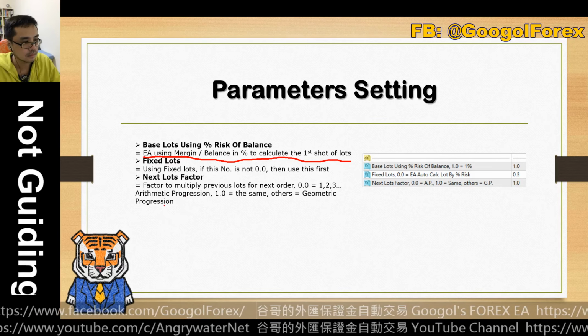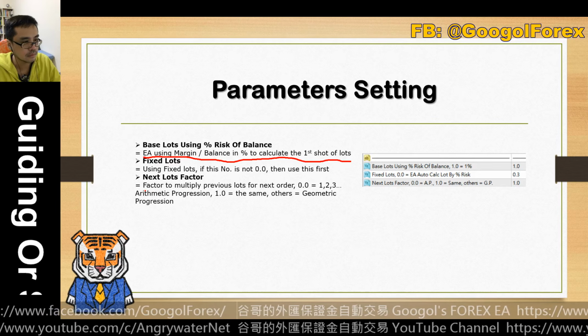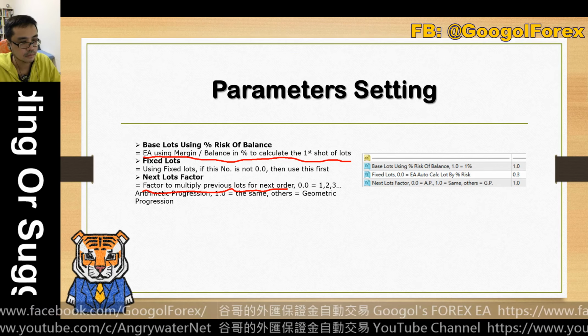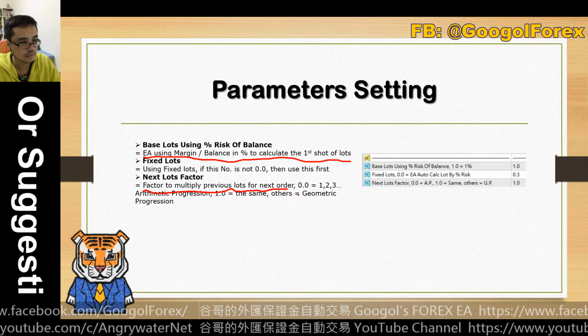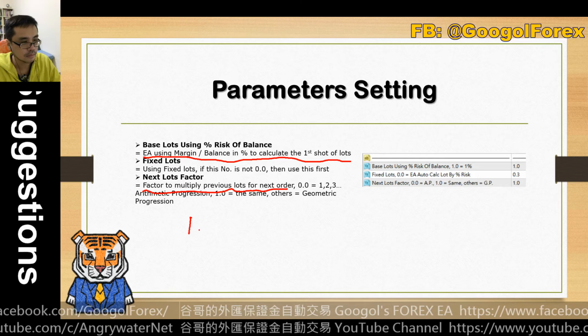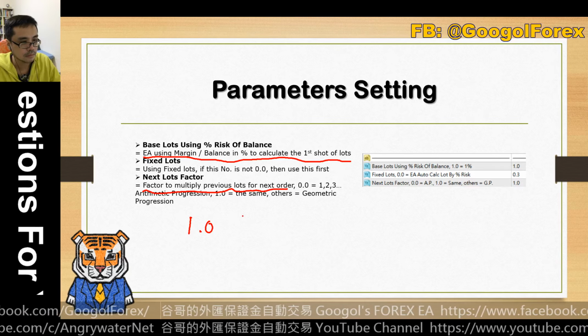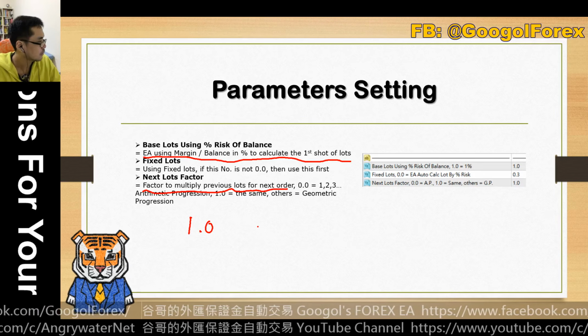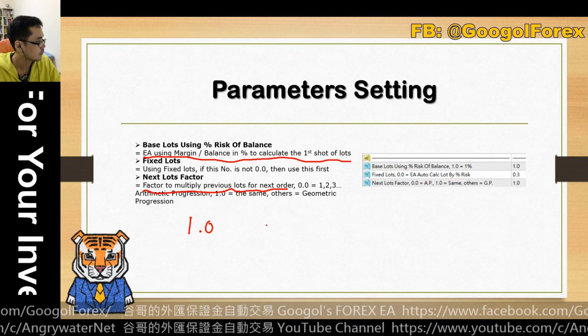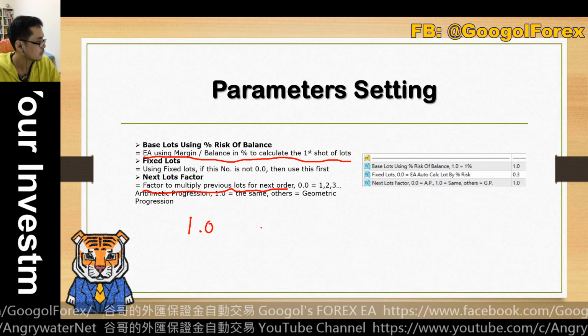The next lots factor means how much to multiply the previous lots for the next order. For example, if the next lots factor is 1.0 and you use 0.25 fixed lots to trade, then every order will be 0.25 lots in the whole round.